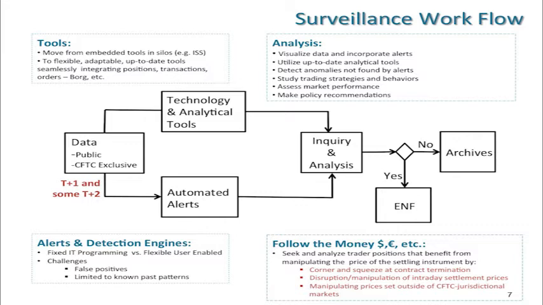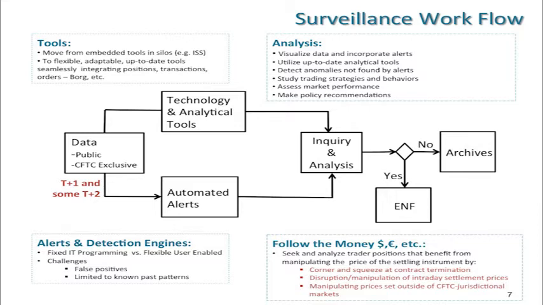The next phase allows for either automated alerts or analyst-driven software to review and analyze all specified market data. Both alerts and tools then allow for situation analysis to be conducted. Depending on the issue being reviewed, the analysts can ask for additional data. They can continue to review the situation without that data.